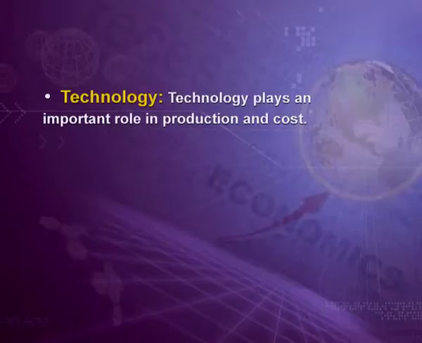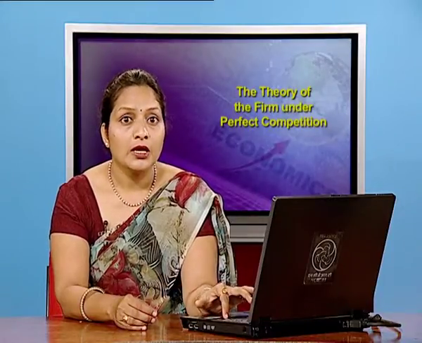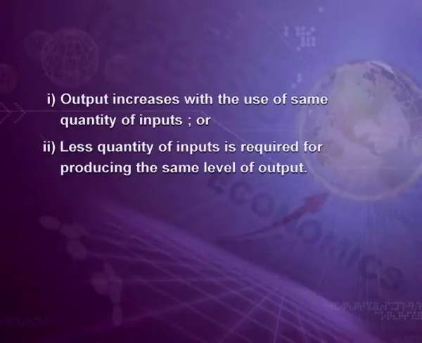Technology plays an important role in production and cost. There may be two types of technology, advanced or backward. Due to the use of advanced technology, either output increases with the use of the same quantity of inputs or a lesser quantity of inputs is required for producing the same level of output.